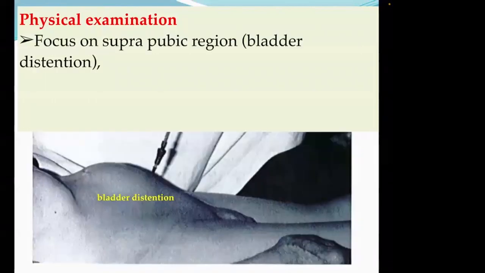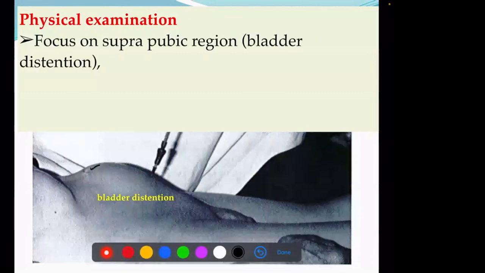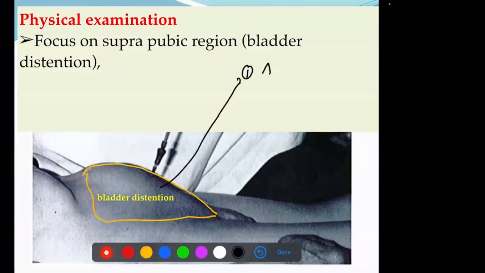Obviously, if a patient comes to you with acute retention of urine, then you will see it like this. You can see the bladder is distended. This is the abdominal wall, and a distended bladder is there, right? So how to know this is the bladder? Number one, the patient will come to you with features of acute retention.